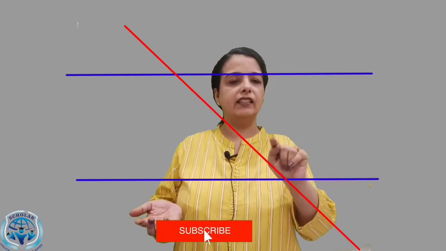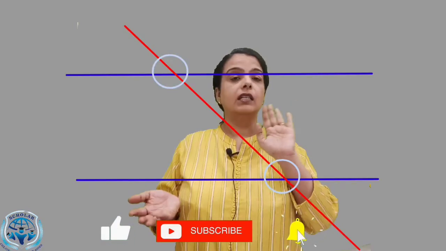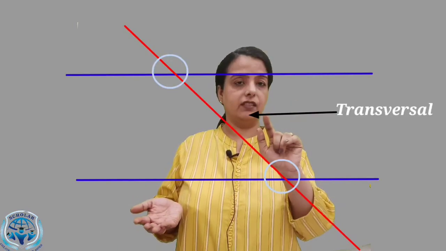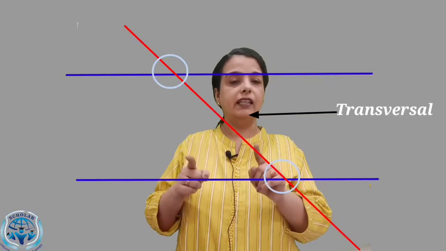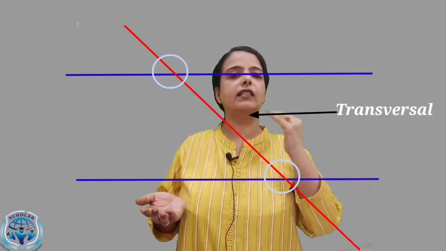This is a line intersecting these two lines at these two distinct points. This line is called transversal. The line which intersects two lines at distinct points is called transversal, whether these lines are parallel or not.